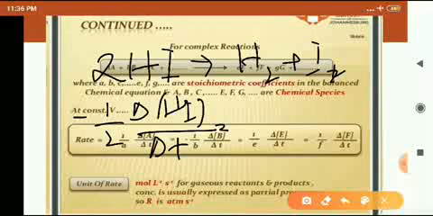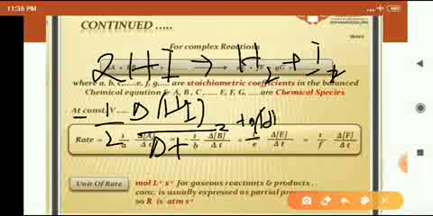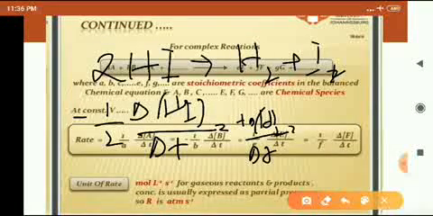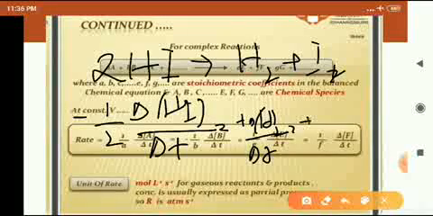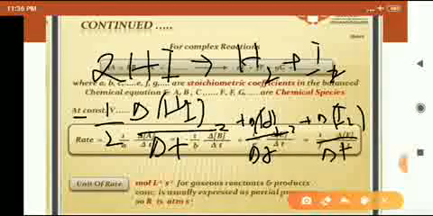And for H2, we will write plus change in concentration of H2 divided by change in time. For I2, we will write plus change in concentration divided by change in time.